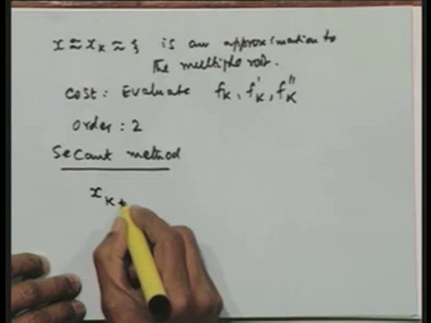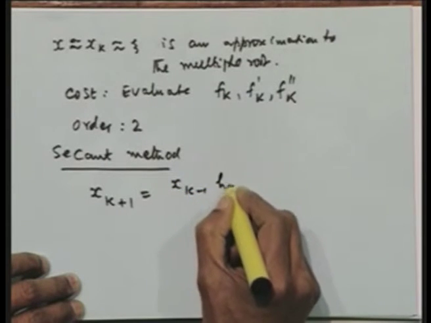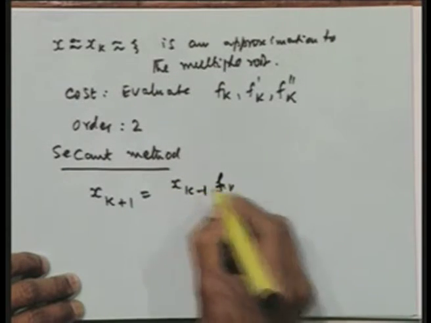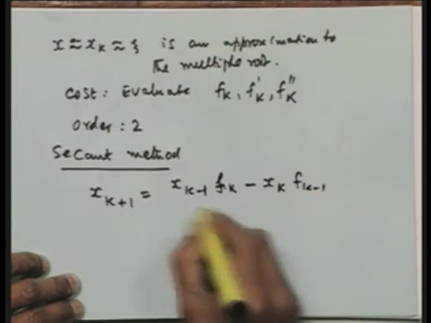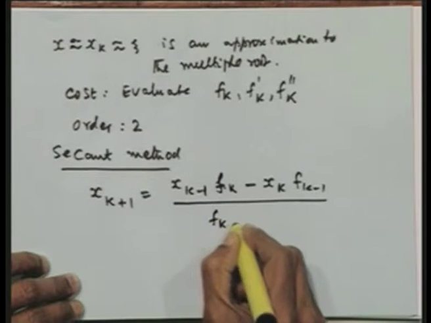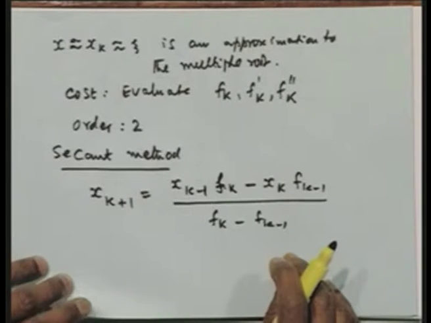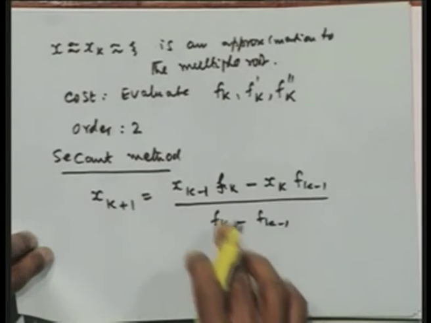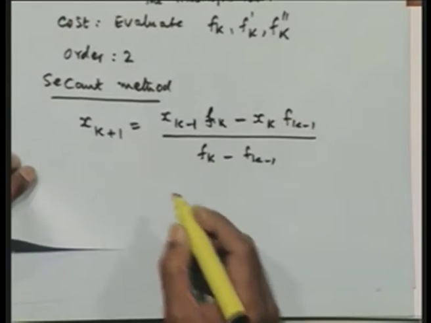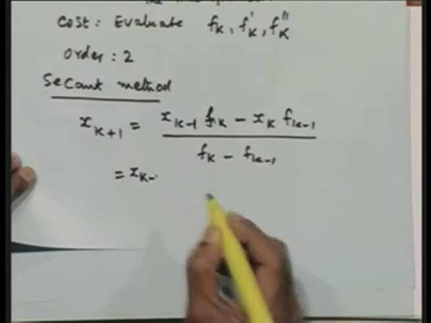We have written it as x k plus 1 is equal to x k minus 1 f at k minus x k f at k minus 1 divided by f k minus f k minus 1. This is the computational form of the secant method that we have used earlier. So, I need to insert into this the values of f k minus 1.